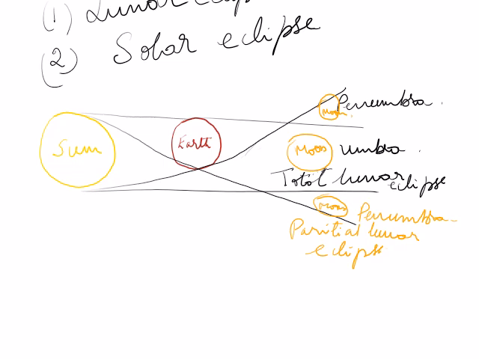Okay, so I hope you have understood lunar eclipse clearly. So when does lunar eclipse occur? When earth comes in between the sun and the moon.